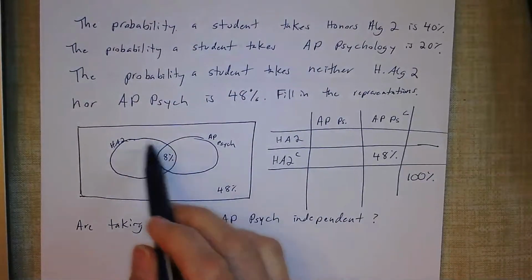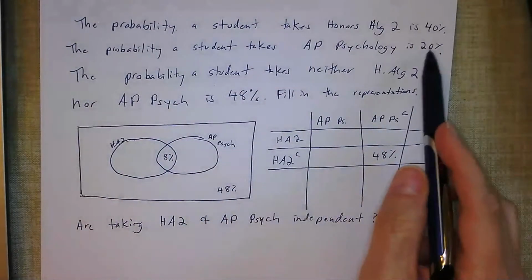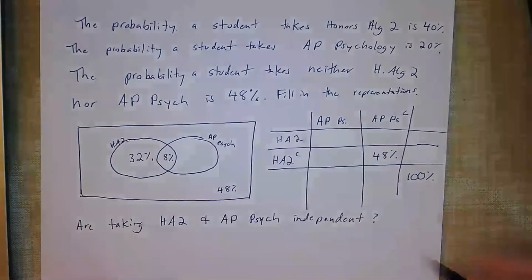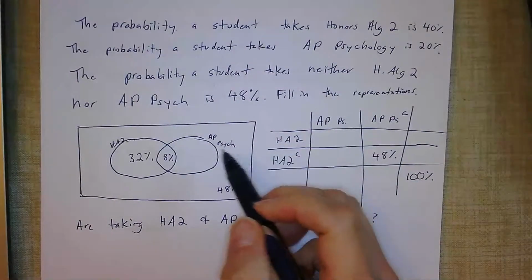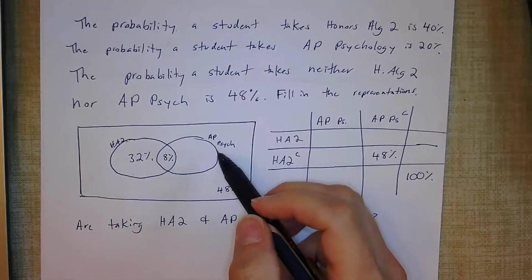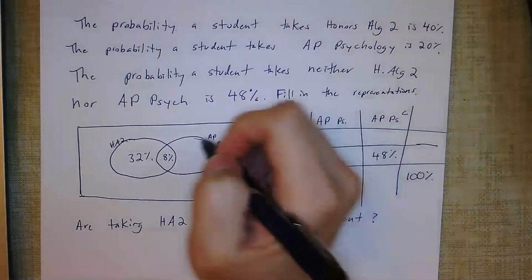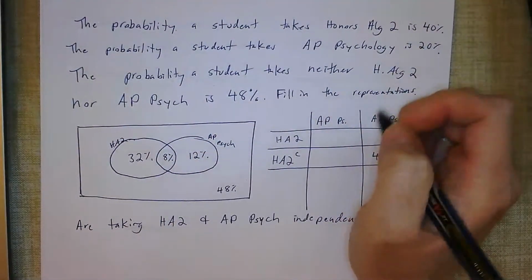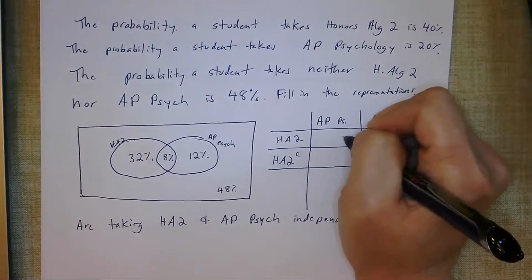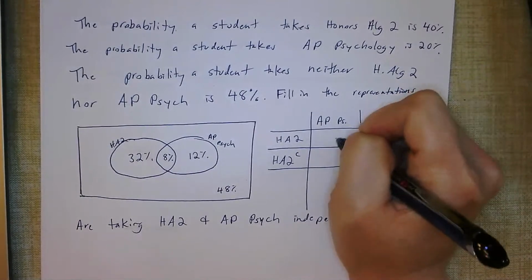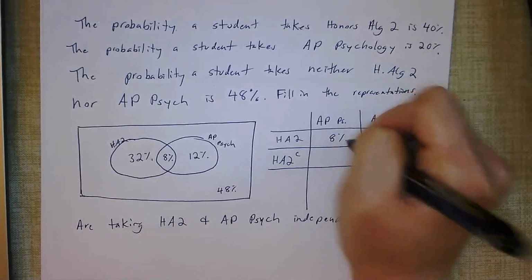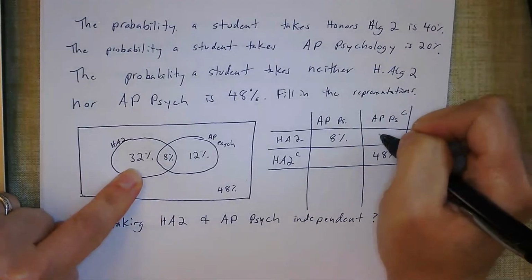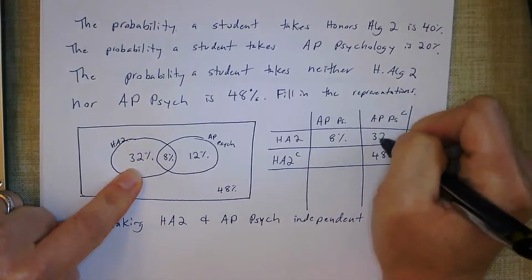And now, so that my whole Honors Algebra 2 circle adds up to 40, I'm going to make this 32%. So that my whole AP Psych circle adds up to 20%, I'm going to make this 12%. So now over here in my two-way table, the intersection of AP Psychology and Honors Algebra 2 is 8%. I have 32 people who take Honors Algebra 2 but not AP Psychology.